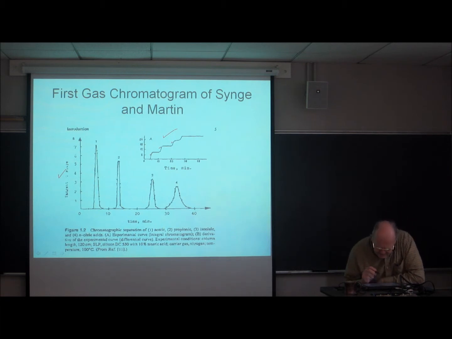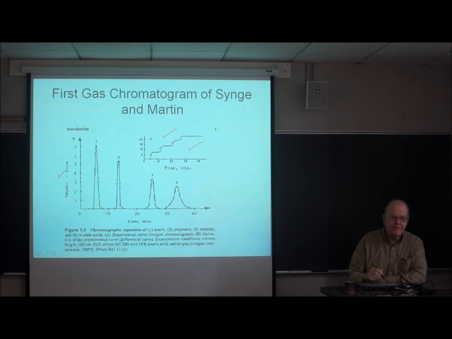You can't see the data points because it's not well enough resolved, but the endpoint volumes are plotted here. So these various points are a measure of how much acid has come out. And so they take the first derivative of this, and that's what they plot here.